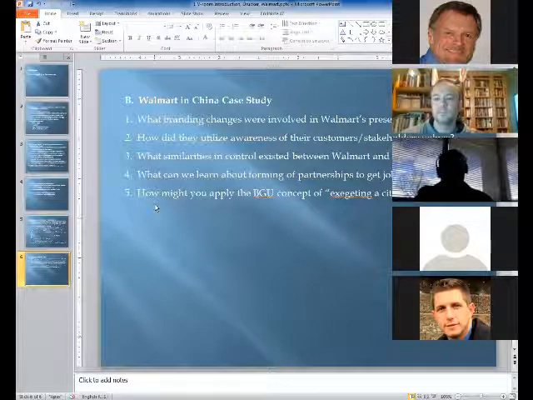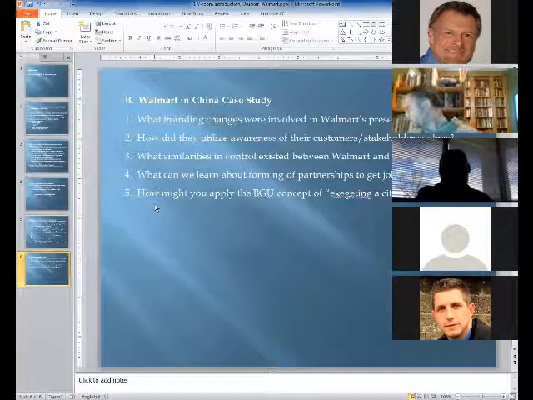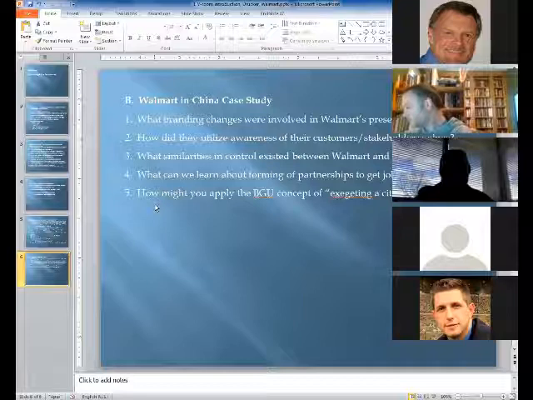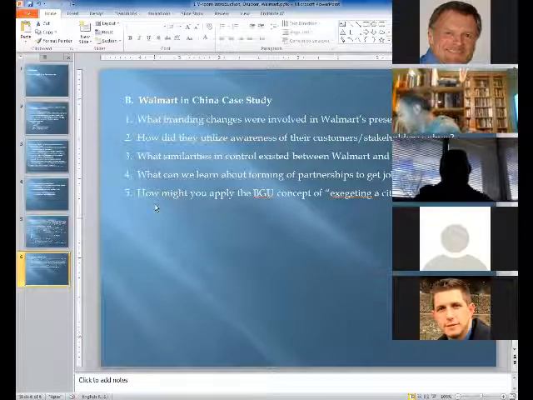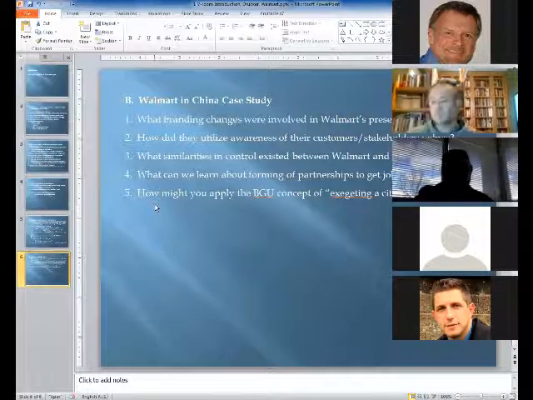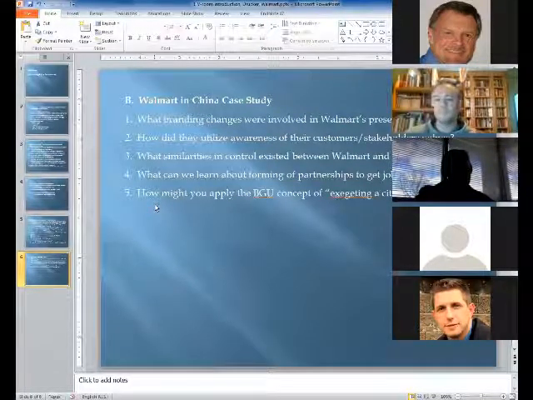In Walmart, it seems to me they were looking for some ways to collaborate with the government, right, in order to meet some of the governmental goals, environmental issues, etc. By doing that, they were meeting some of the goals of the government, but then Walmart, of course, was meeting some of their own company goals of establishing a successful startup company in China.